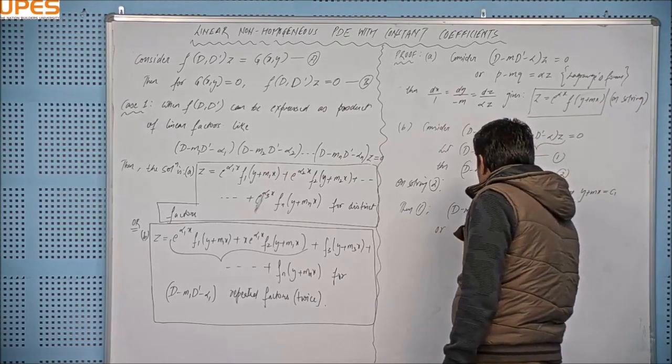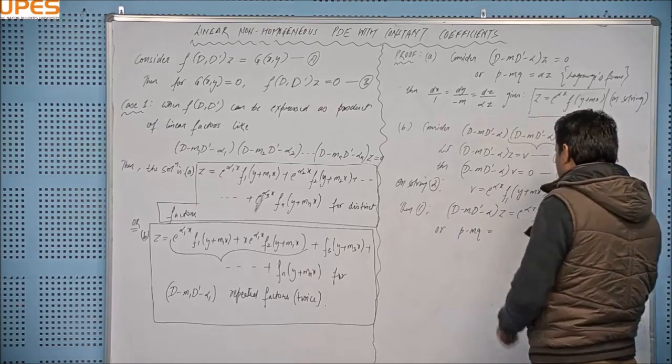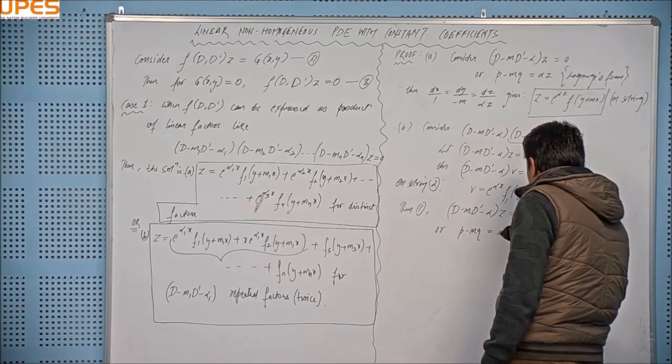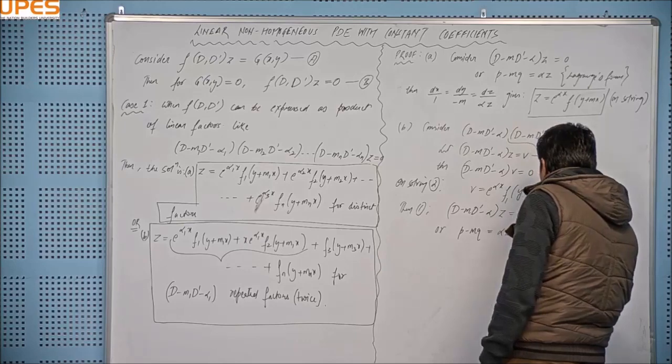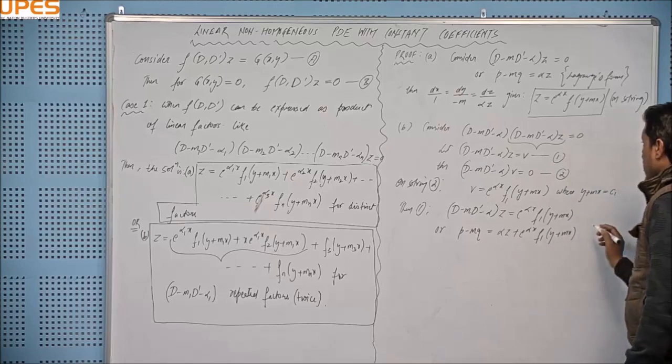Or it can be written as p minus mq is equal to alpha z, taken on the right hand side, plus e to the power alpha x f1 of y plus mx. Now this is again Lagrange's form.